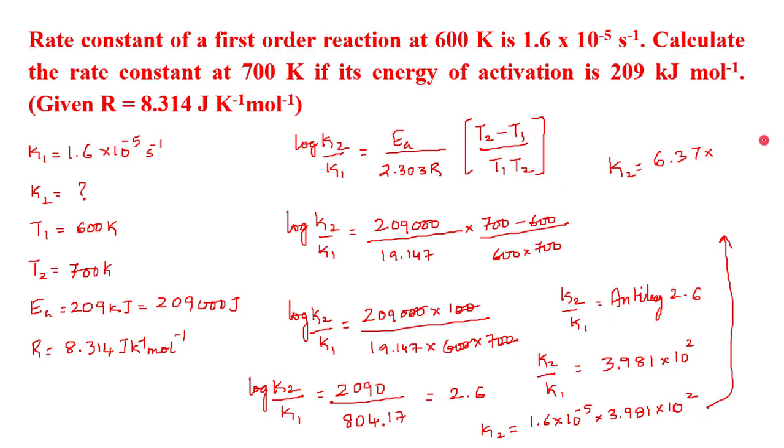So you will be getting 6.37 into 10 raised to minus 3, and the unit will be per second. This is the value of K2.